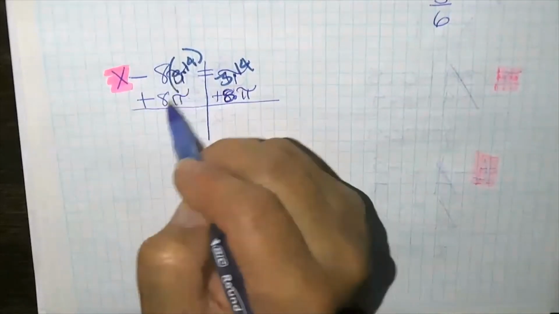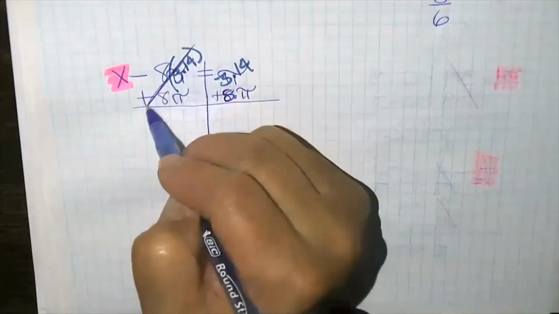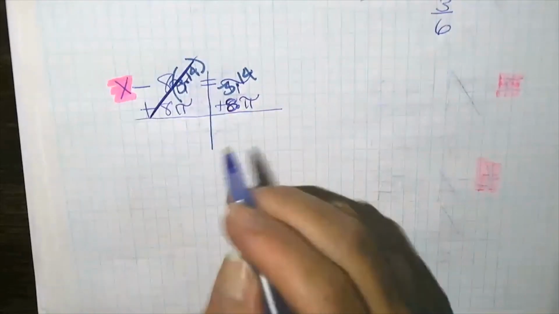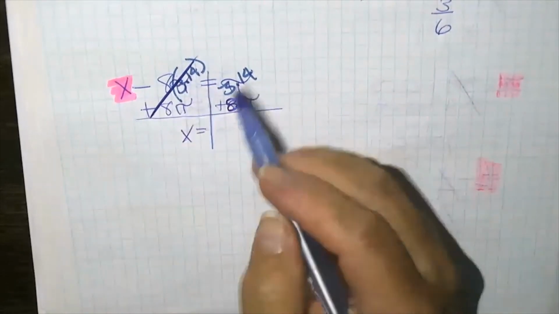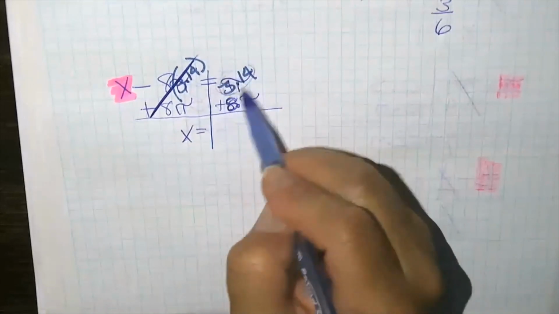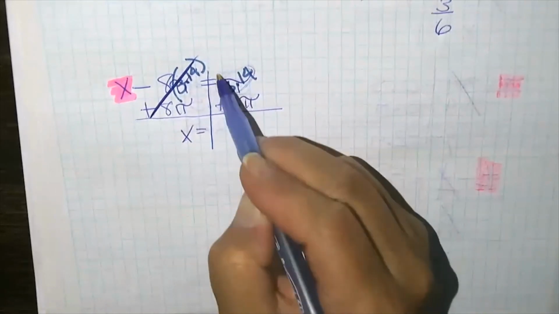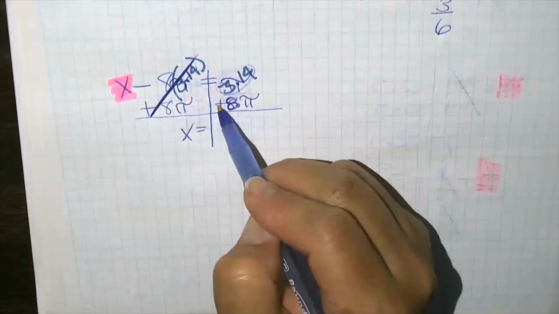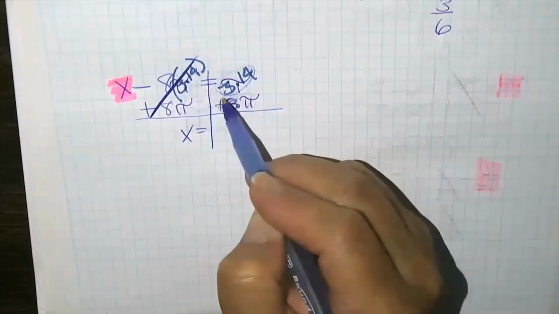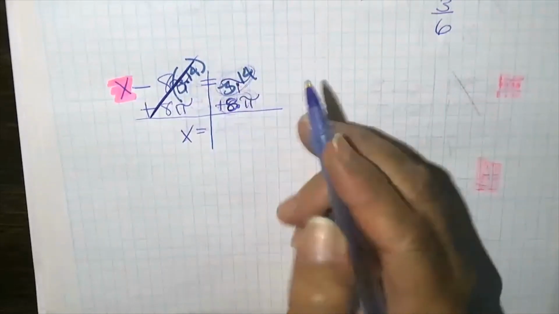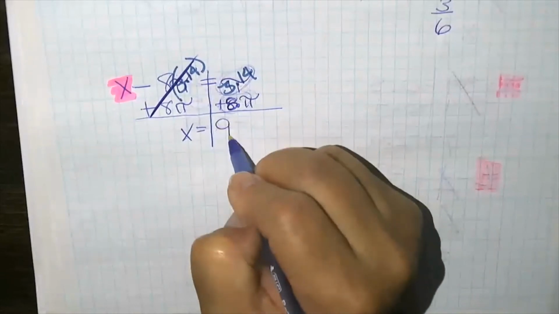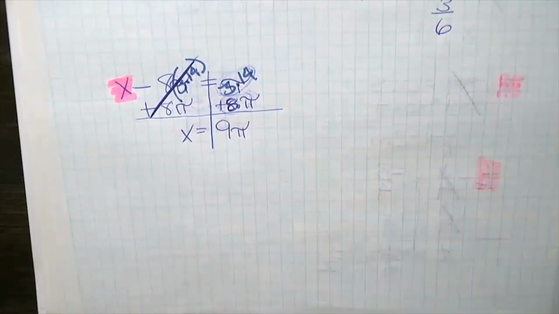So negative 8 pi, positive 8 pi, these guys cancel. I'm left with x equals, here's 1 pi, and here's 8 pi's, positive and positive. So I'm going to combine them. Here's 1 pi, here's 8 pi's. I now have 9 pi's.